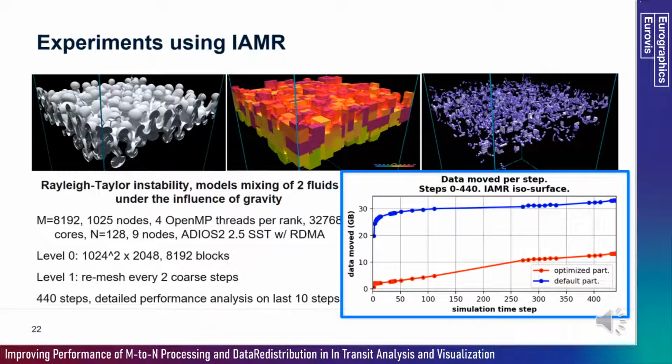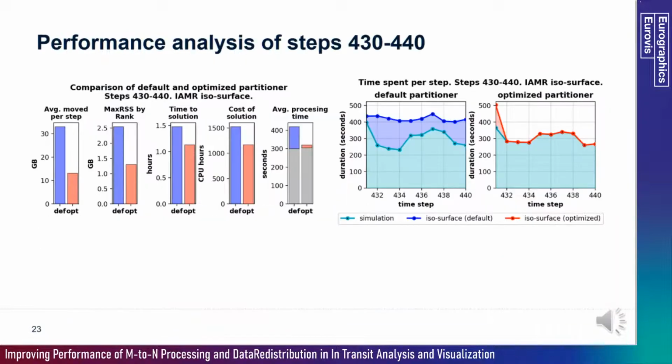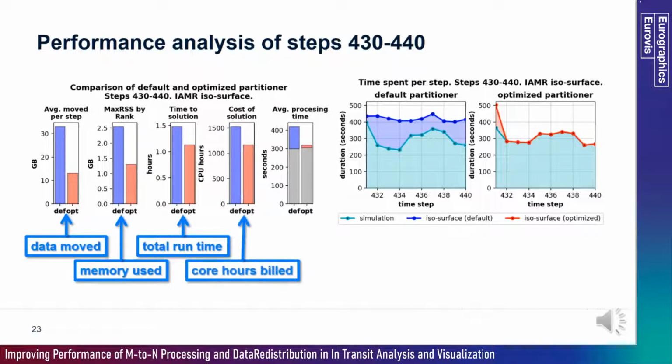And this shows a substantial reduction in data movement as the simulation evolves when using the optimized partitioner. In terms of the last 10 time steps where we did detailed performance analysis, I've got bar charts comparing the default partitioner in blue and the optimized partitioner in red for our 4 performance metrics.